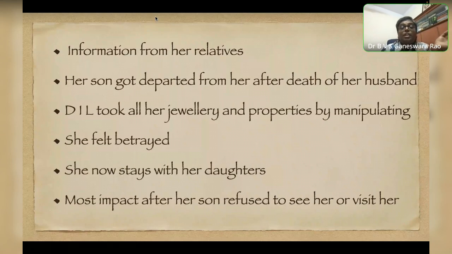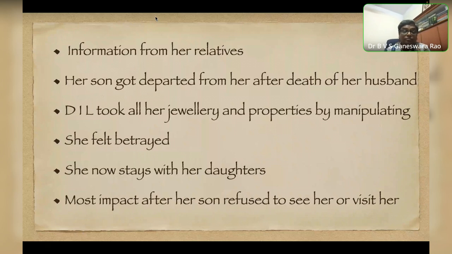her son got departed from her after the death of her husband. After the death of her husband, the daughter-in-law took all the jewelry and properties by manipulating her. And since then she felt betrayed. Nowadays she stays with her daughters because her son has almost completely disappeared from her.